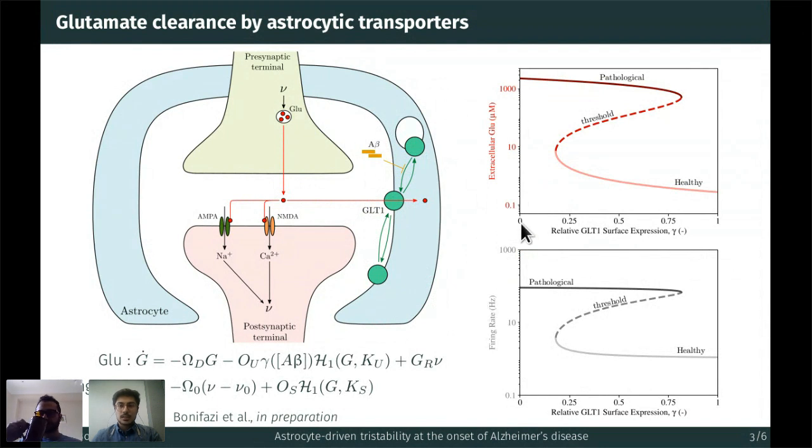In this case, you see that when we have a small level of transporters, we only have this upper stable branch for the pathological condition, so with large glutamate concentration or large firing rate. As soon as we increase this level, again, we have this bistable condition, which means there's this coexistence of both the pathological and the healthy state of our system.